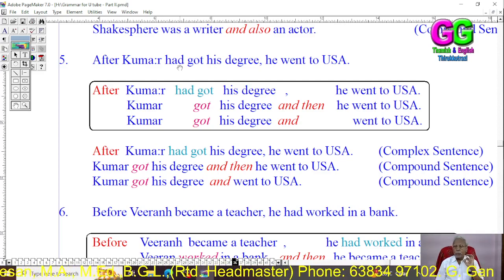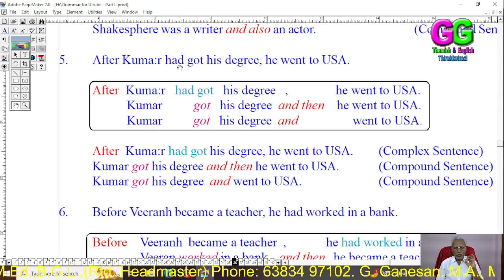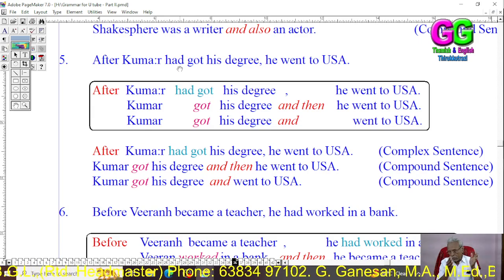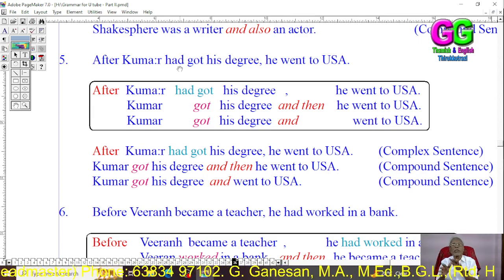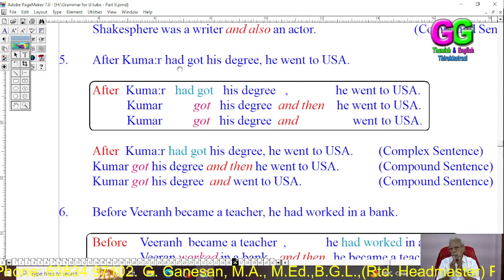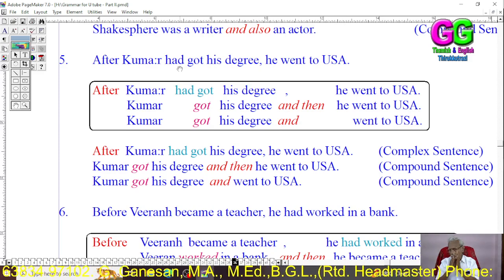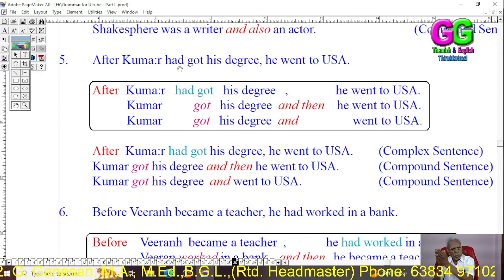because in compound sentences, the tense in all the two or three clauses should be the same. So in the complex sentence, one is past perfect, one is simple past.